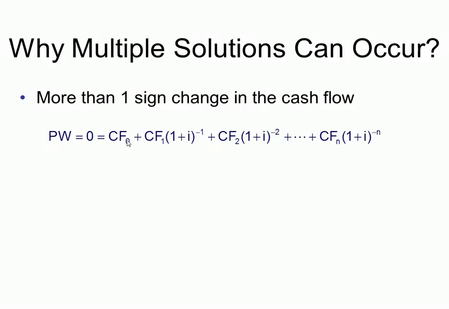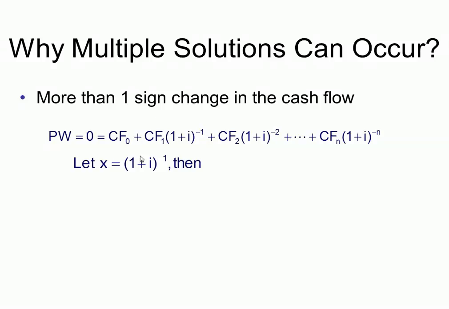So CF0 is the cash flow at time 0, CF1 at time 1, CF2 at time 2, and CFn is the cash flow at the end of the useful life of the project. We need to find i from this type of equation. When we have more than one sign change in cash flows, this equation is likely to produce multiple solutions.